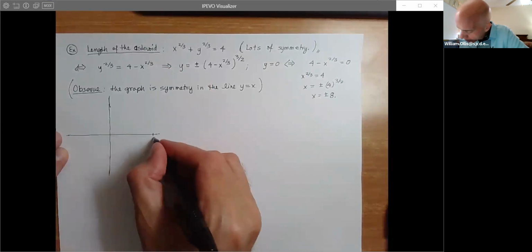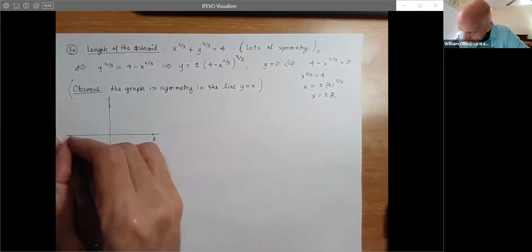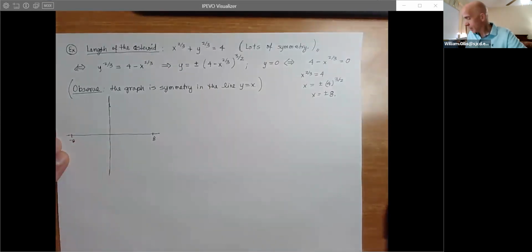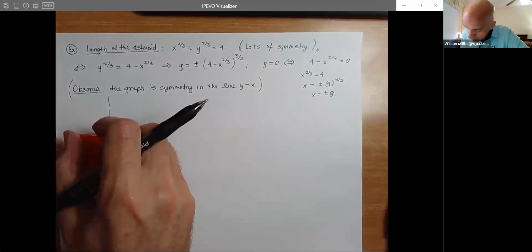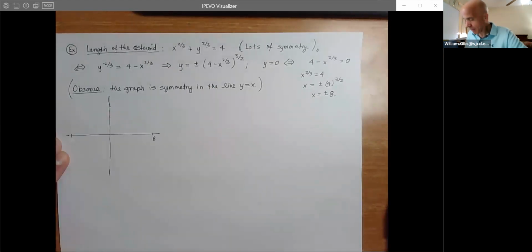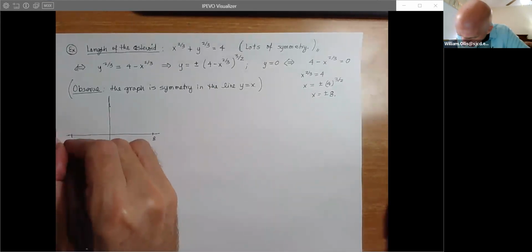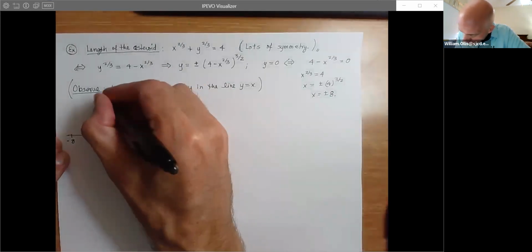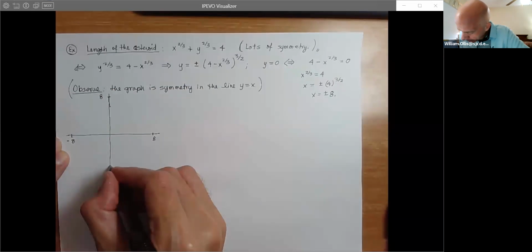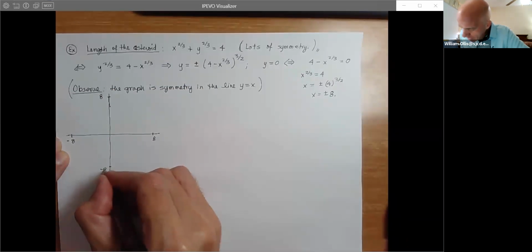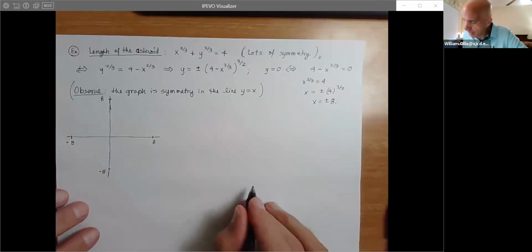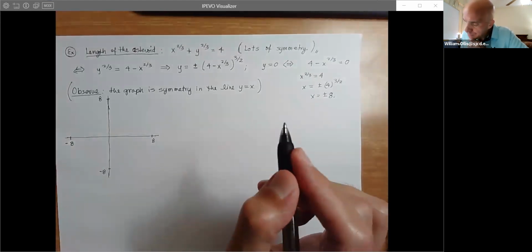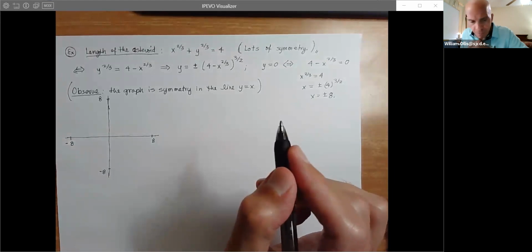We've got the 8 here, we have the -8 here, and then the y and the x are symmetric. So we'll have 8s all over the place. We get an 8 up here and a -8 down here. So that's where we're going to do a little sketch. And if we have symmetry in the line y equals x, we could say the following.